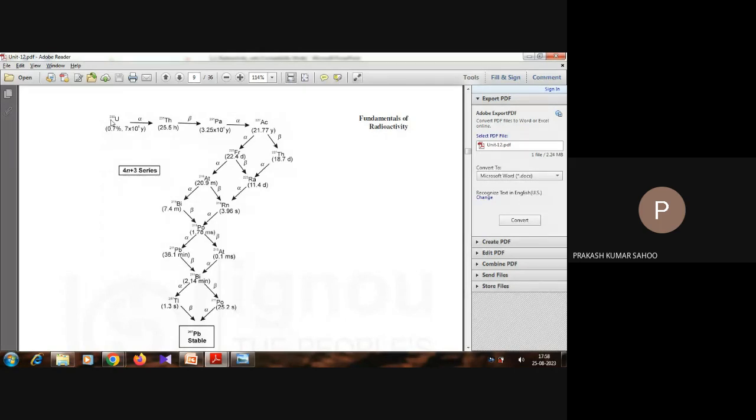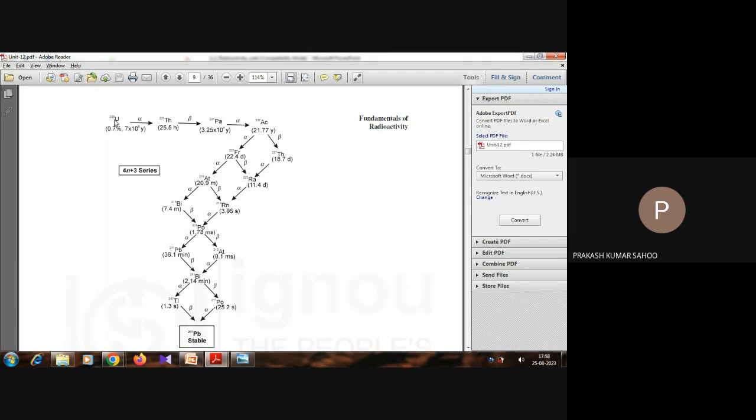So 235 undergoes 4n plus 3. How is it 4n plus 3? Just to know which series this conversion belongs to, divide the mass, that is 235, by 4.